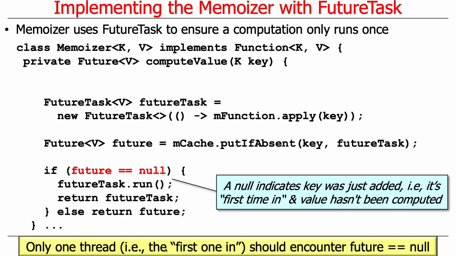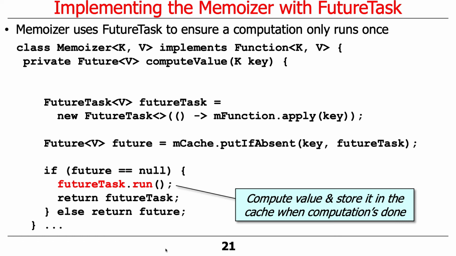So we then come in here and we check. We say, hey, is this thing null or not? And if it is null, we were the first thread to successfully add the future task into that element in the hash map under that key. So the future task has now been added as the value for that particular key. So that means we're the first one in, and the value has not yet been computed because we just added it.